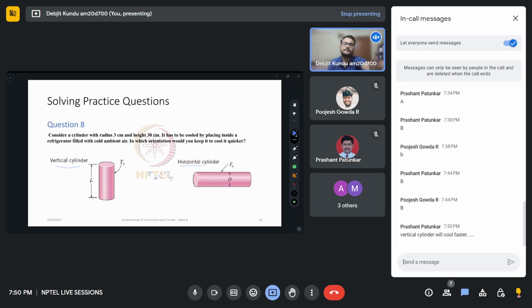Any guesses, anyone? Okay, we have one response telling us that it's the vertical. So vertical seems to be the official guess of this crowd. Two people wrote in the chat box that the vertical cylinder will cool much faster.